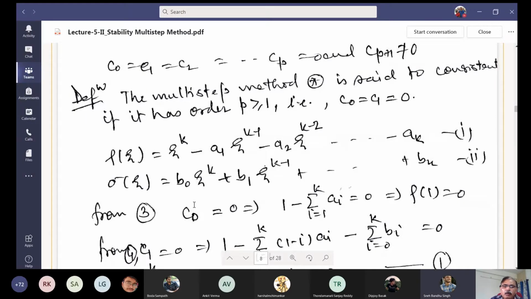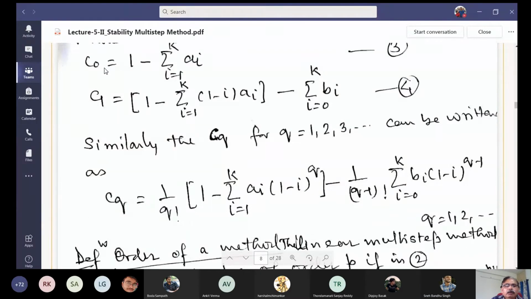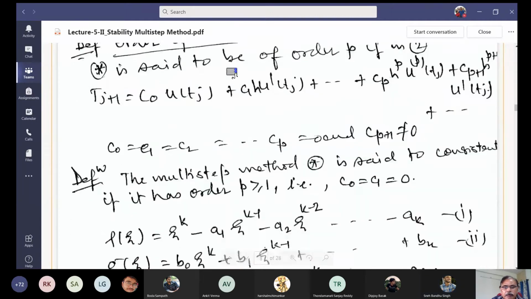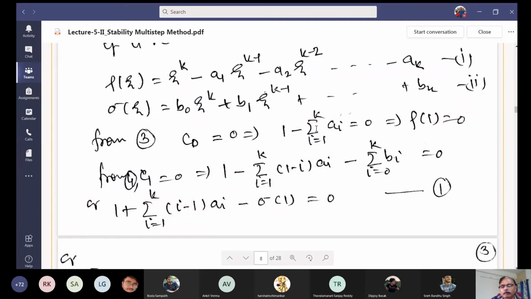What is the meaning of C0 equal to 0? C0 equal to 0 means 1 minus the summation of ai, i running from 1 to k, equals 0.